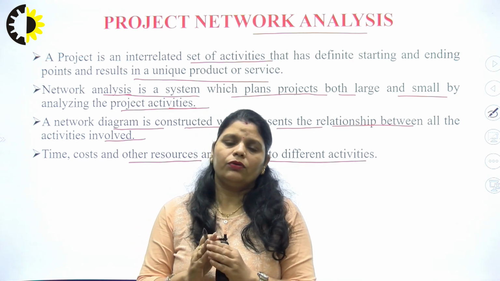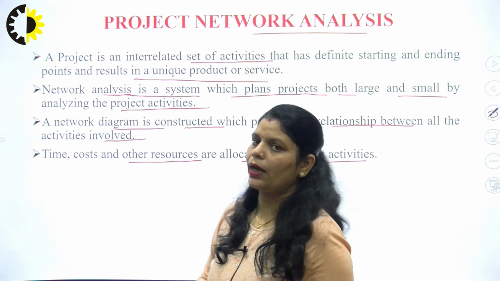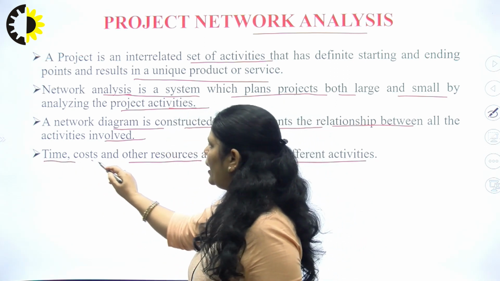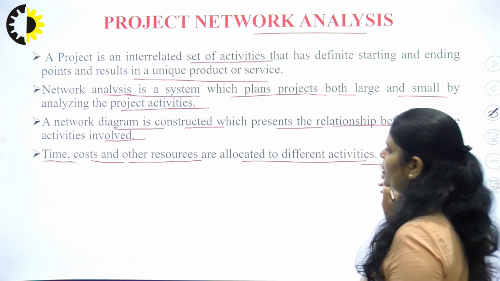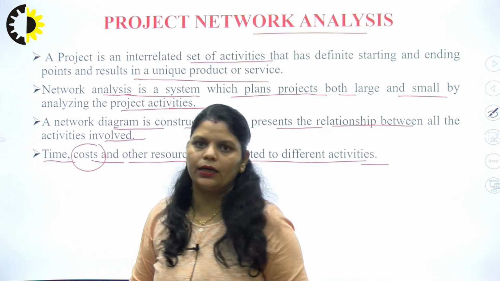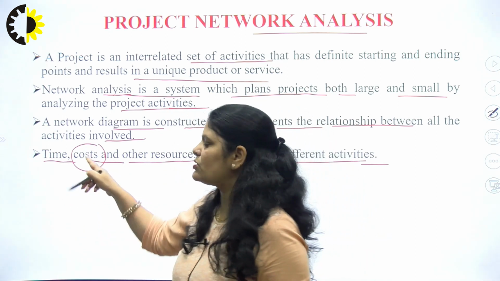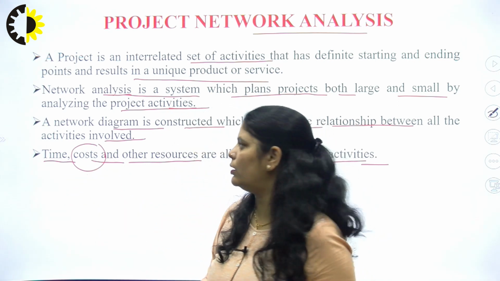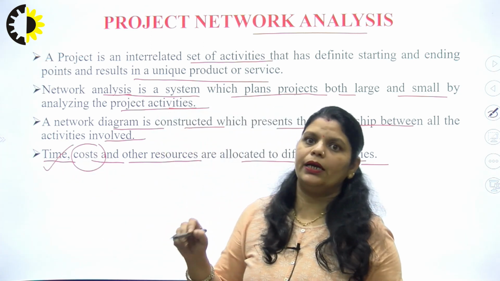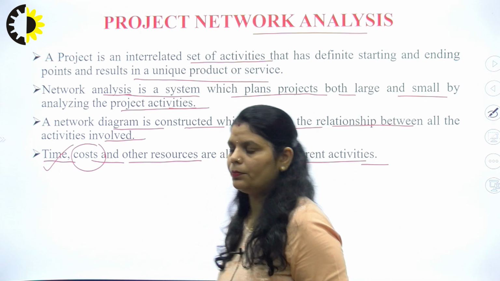So when we draw a network diagram, we will indicate the time and cost with the different activities. We will not show the cost on the network diagram, but we will use this cost in the calculation part. In case of time, we can show it in the network diagram.